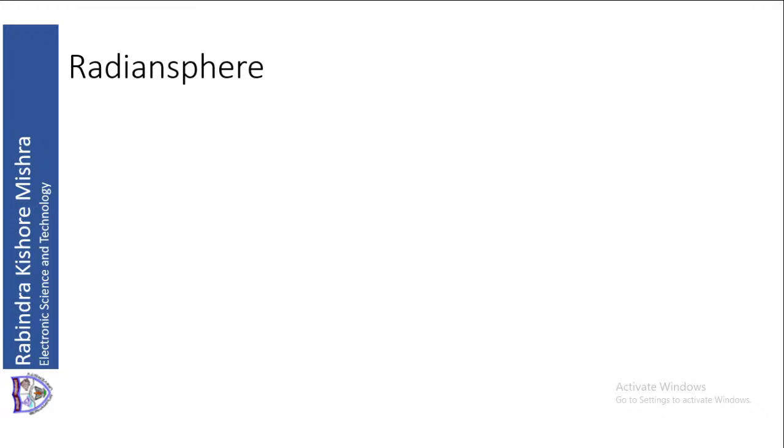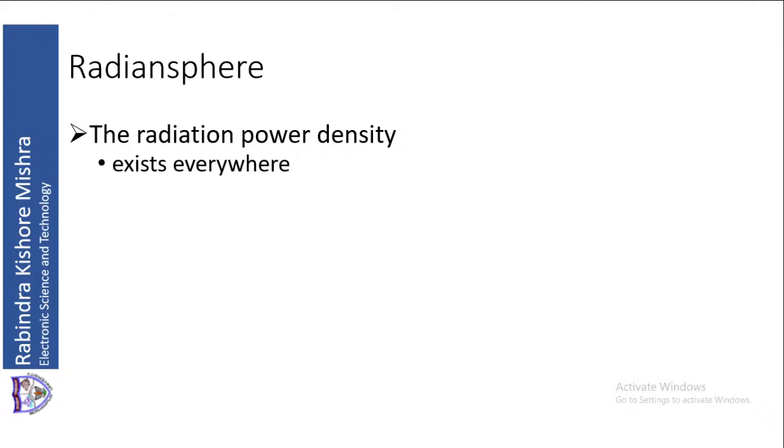Then we will come to the concept which is called the Radian Sphere. Many times people neglect this, but try to know what this is. Start with the radiation power density. As we know, the radiation power density exists everywhere in space.